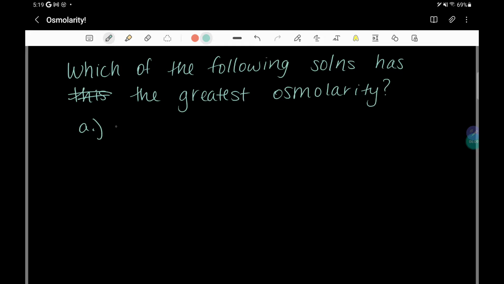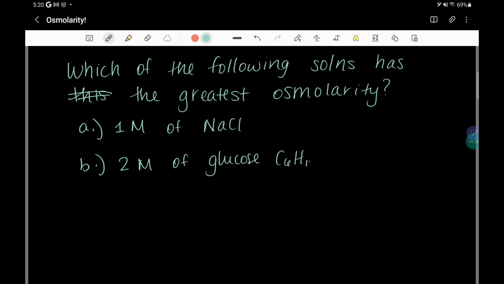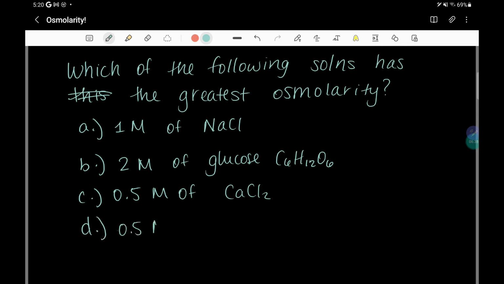So A, 1 molar of NaCl; B, 2 molar of glucose, and we'll give the formula C6H12O6; C, 0.5 molar of calcium chloride; or D, 0.5 molar of aluminum oxide.